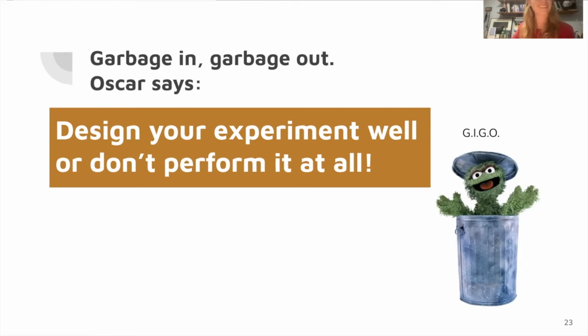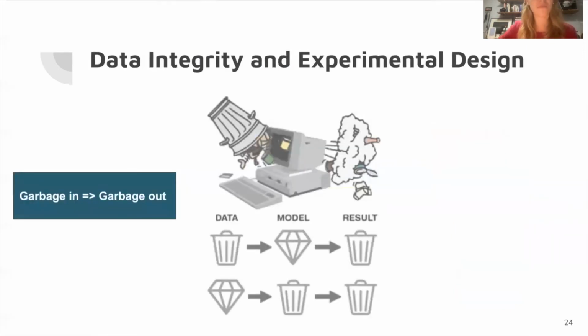That's what I decided. I really like this image that describes what I was talking about before, which was that it's both your data and your model that have to be good, so that the results of your experiment are good.